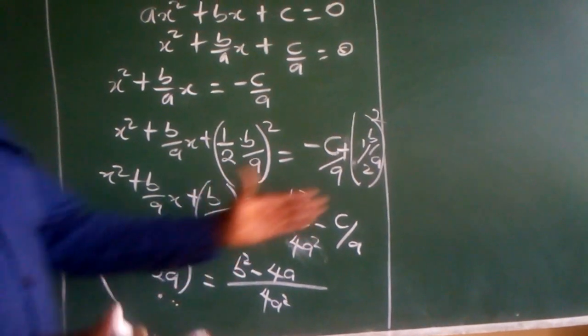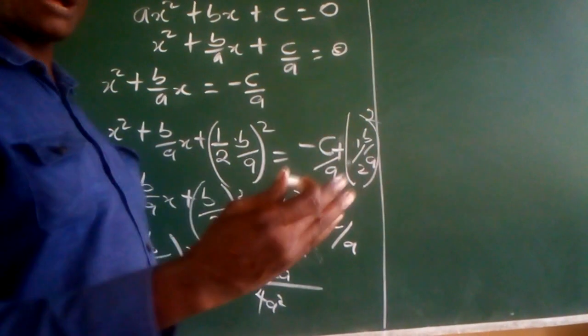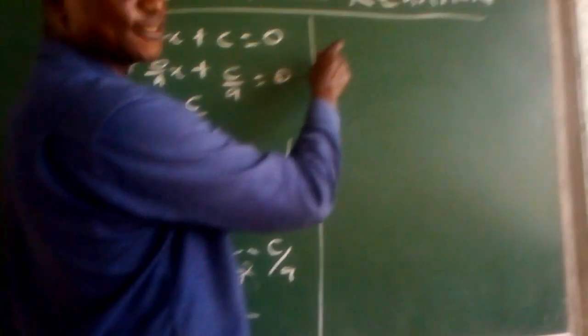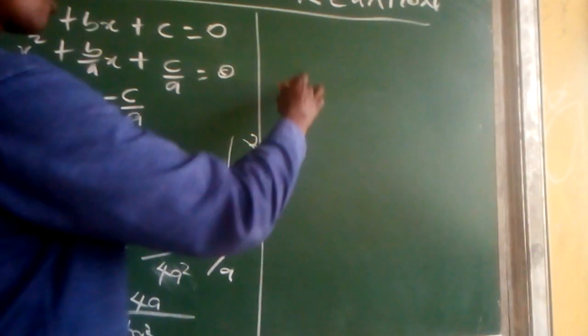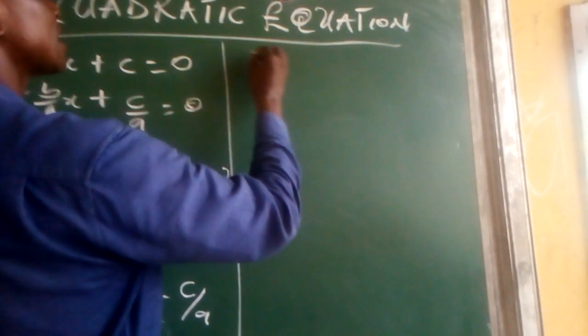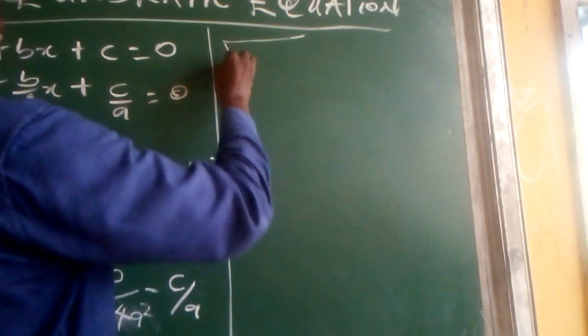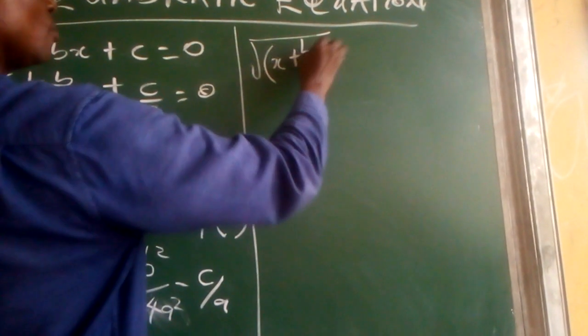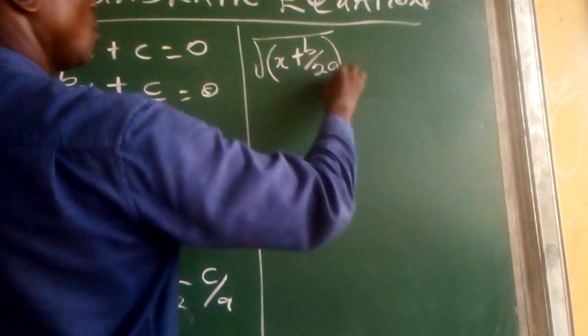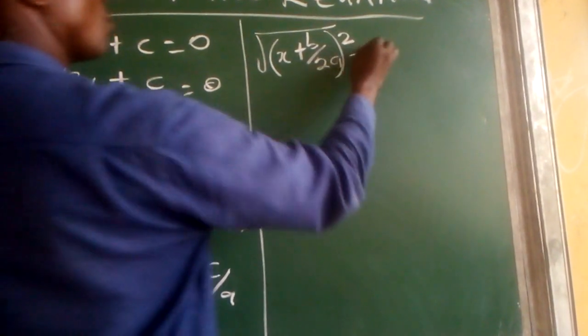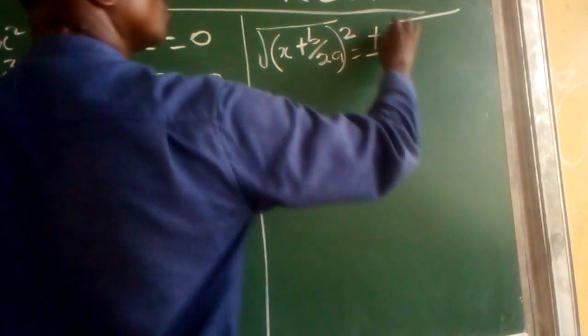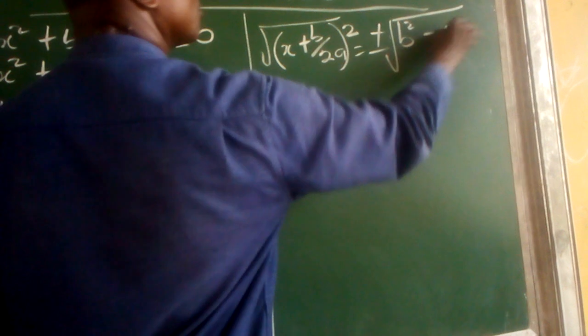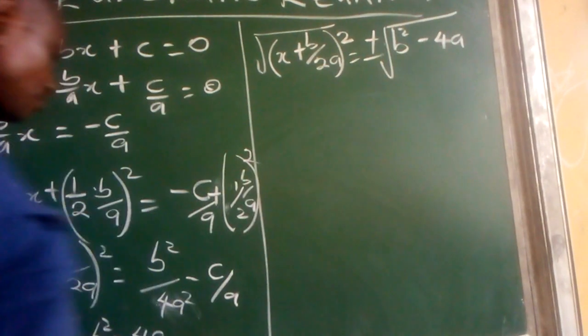So that we now go in for further work by introducing the concept of square root. It now becomes the square root of x plus b over 2a all squared is equal to plus or minus the root of b squared minus 4a.